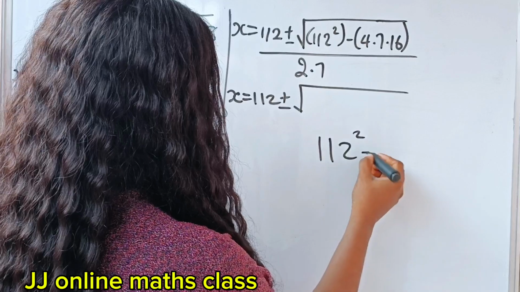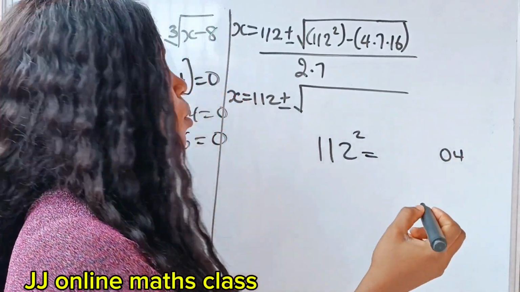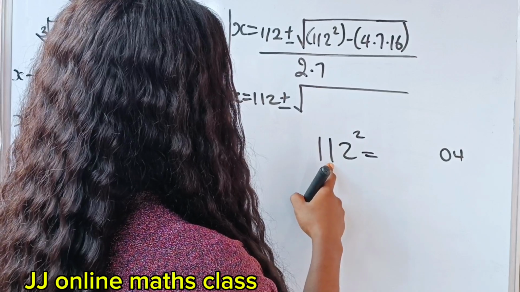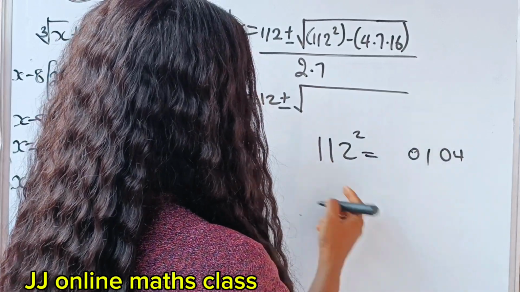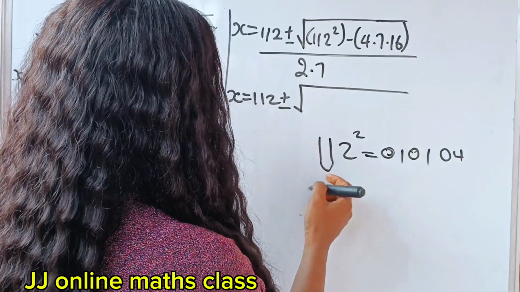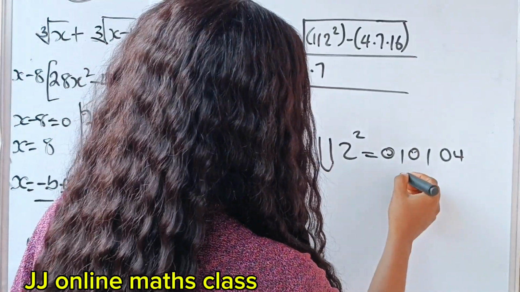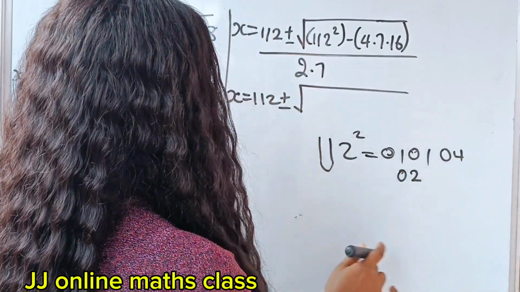112 squared can be gotten like this. 2 squared is 4, you write it in a 2-digit number, 04. 1 squared is 1, write in a 2-digit number, 01. Now 1 times 2 is 2, and double of 2 is 4, so you write it like this in a 2-digit number.